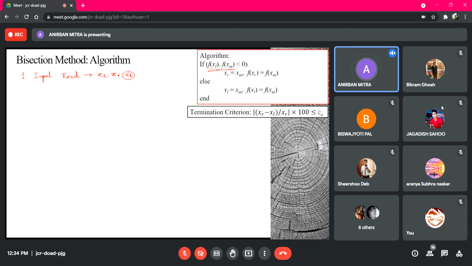That is the pre-specified error. Here XL and XR are the two starting values which enclose the desired root, and epsilon t is the pre-specified error.